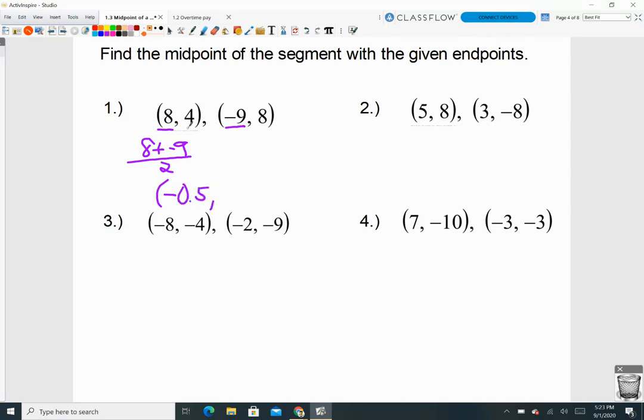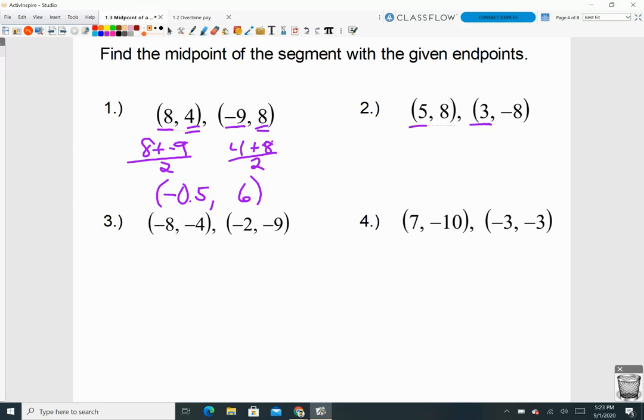And then I'm going to add up my y's, which is 4 plus 8. That's 12. So when I divide it by 2, it's 6. Add them up, divide by 2. The most common mistake I see is people adding up the x and y in the same point together. It's the x from one and the x from the other.